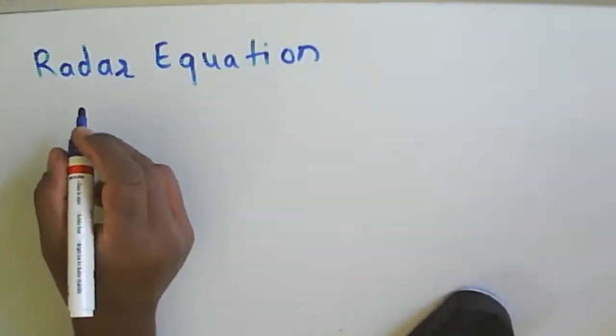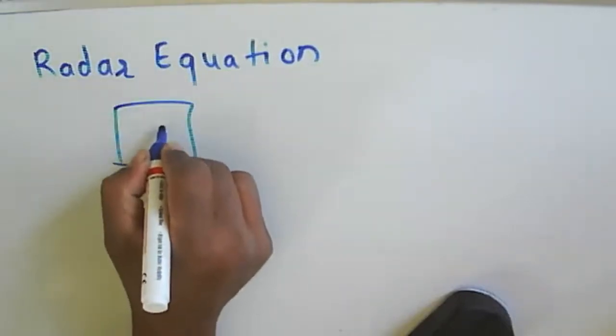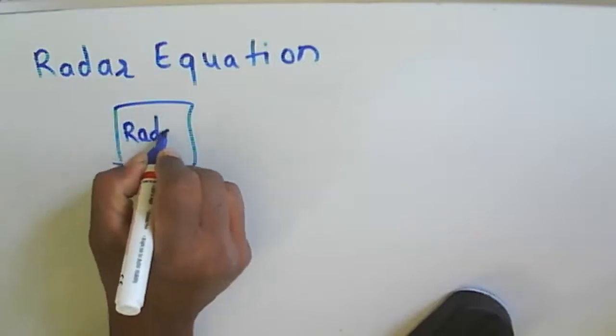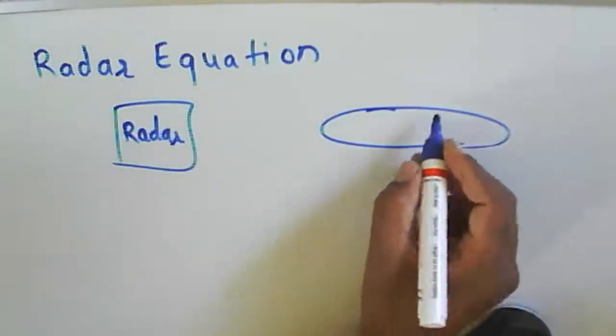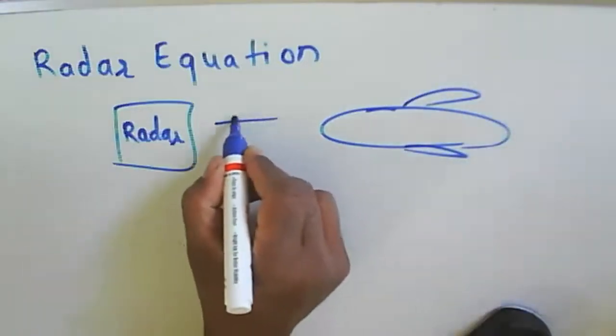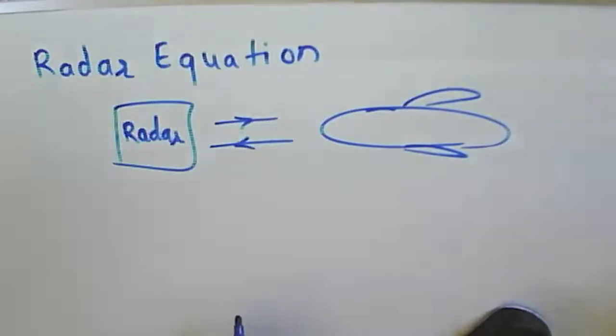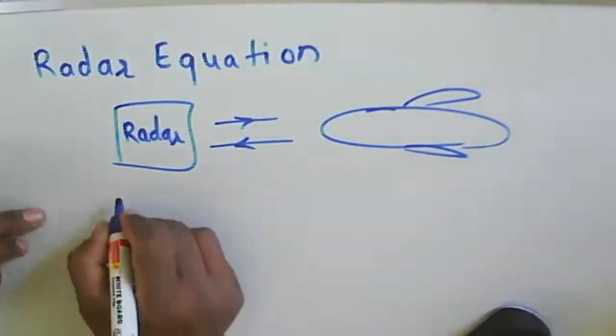So, number of pulses returned from a given particular object. Here we consider a radar and we have the object here. We say the number of pulses we are transmitting, and we are getting the echo signal. Now, how many pulses are sent by the radar?